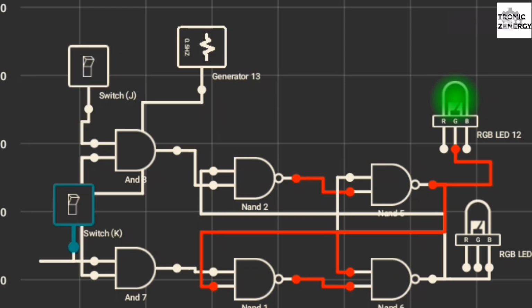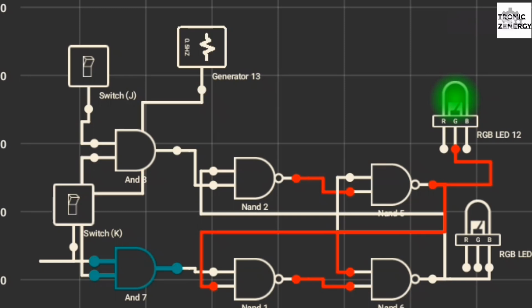When I switch the K switch on, and it aligns with the clock, then it means that it's going to enable AND gate number 7 to be on.